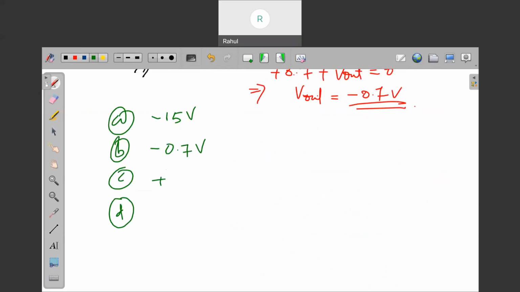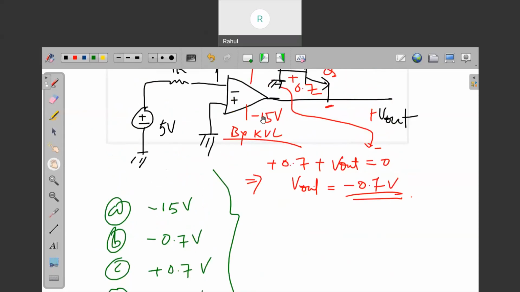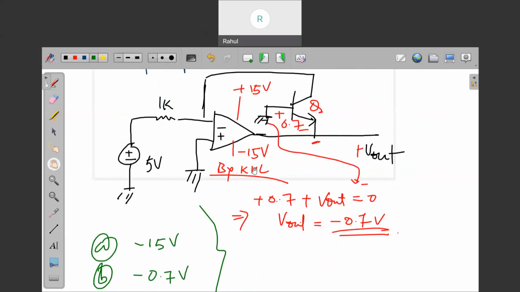This is plus 0.7 volt, and there is a plus 15. So they have given 0.7 or 15 either way. If this op-amp behaves like a comparator, then the answer will be negative 15. But this op-amp will not behave like a comparator. Reason: your transistor is on, so if the transistor is on, the answer will be minus 0.7.